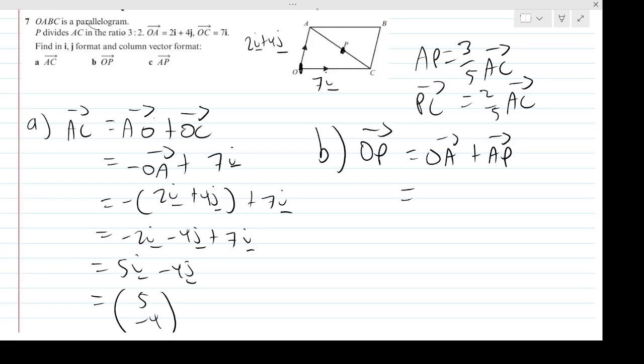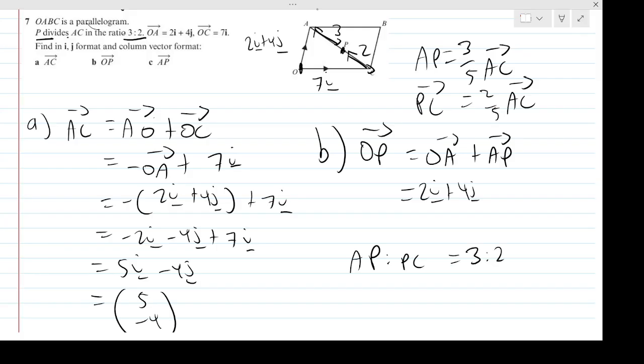Well, O to A is again just this vector 2i add 4j, and then A to P. Well, as we just discussed up here, because P divides AC in the ratio 3 to 2, that basically means the line from A to P and the line from P to C are in the ratio 3 to 2.